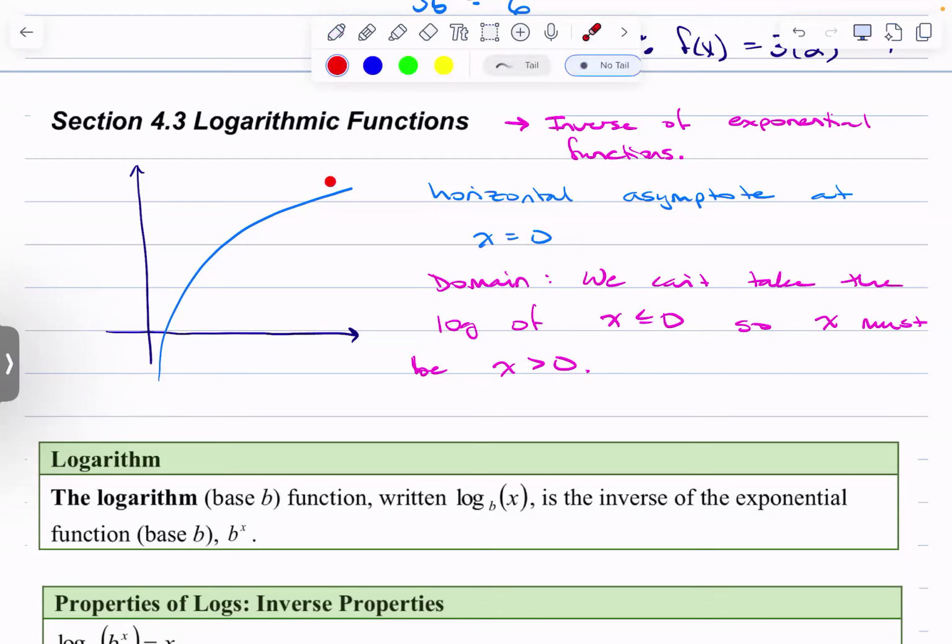Logarithmic functions look like this. And what you'll find is that they have this vertical asymptote. It says horizontal asymptote, but I wrote that down wrong. It's a vertical asymptote.